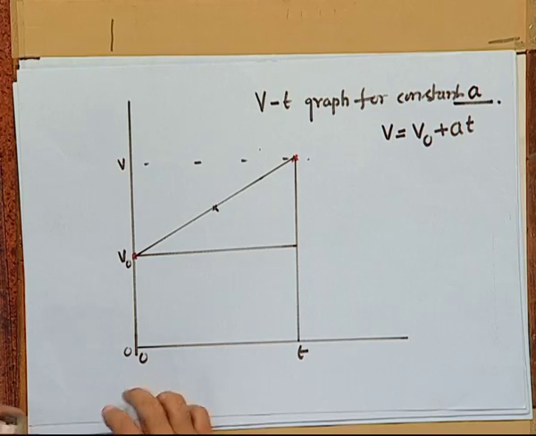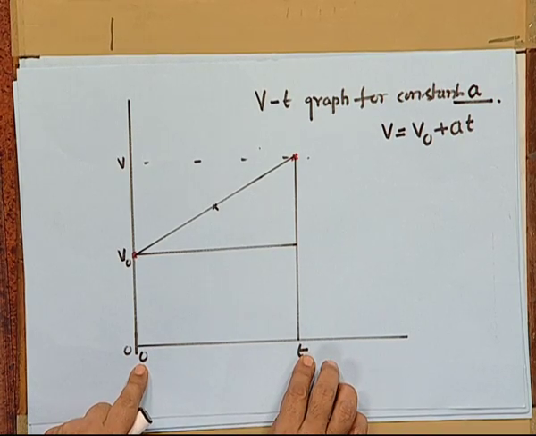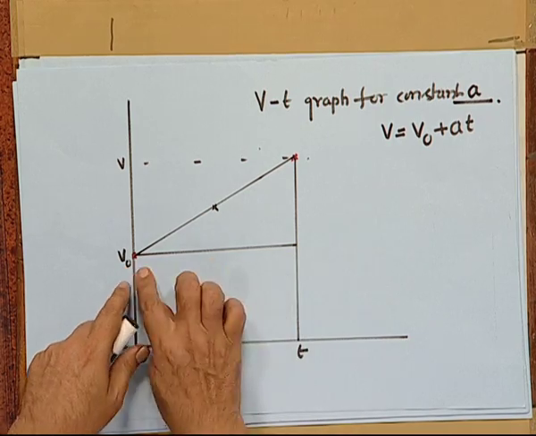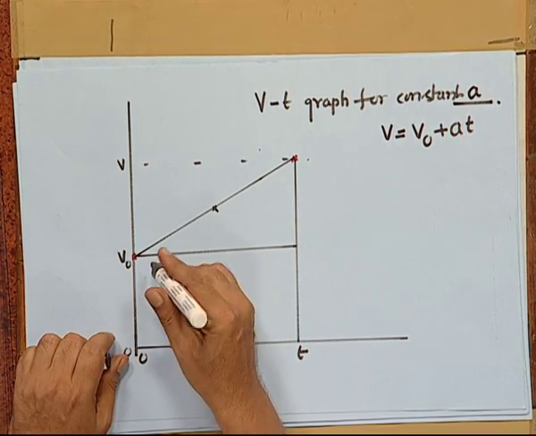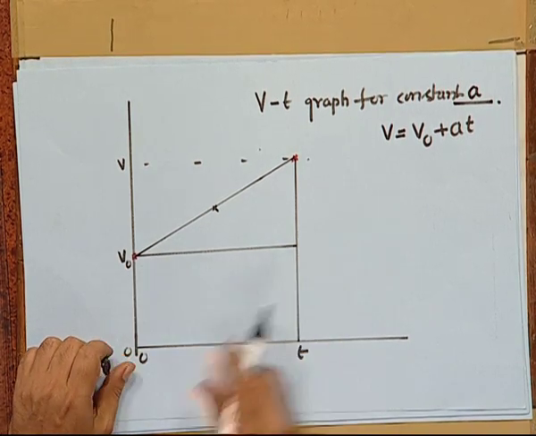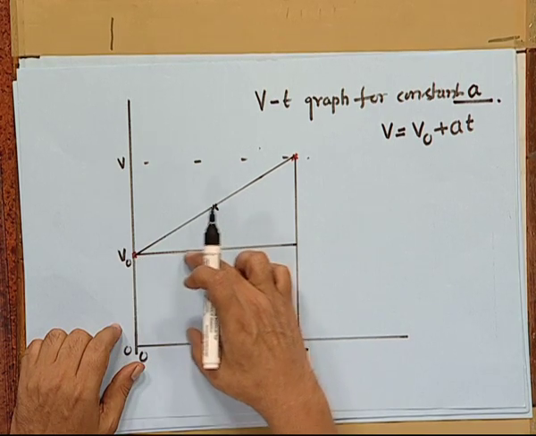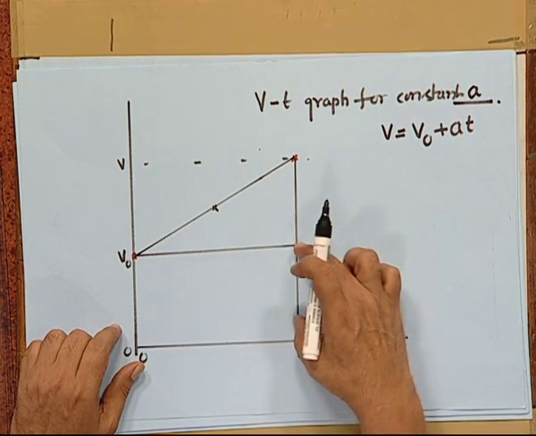The velocity varies constantly with time, that is why we say constant acceleration. Now, in this graph, in the interval 0 to t, look at this portion: the acceleration is 0 from 0 to t if you consider this as the portion where the velocity remains constant.